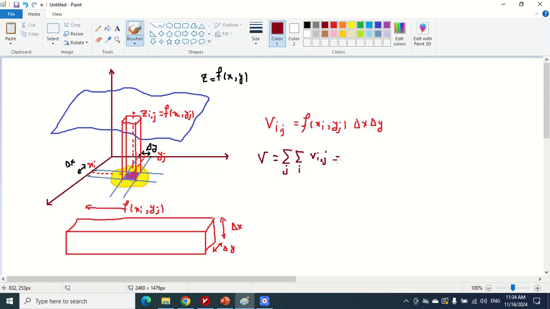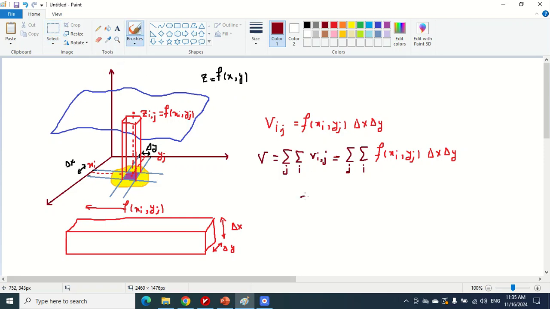I can put the corresponding value for them here, which is this volume.